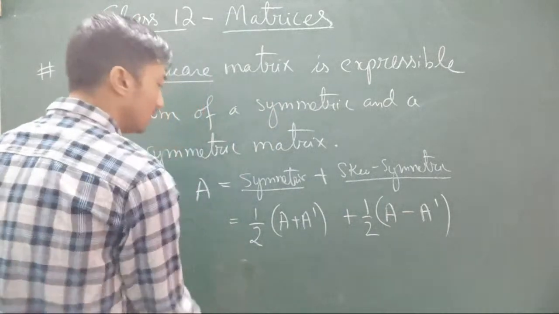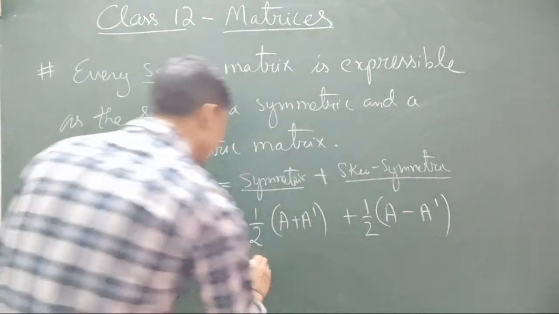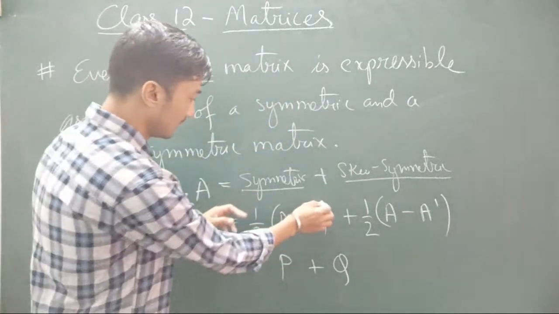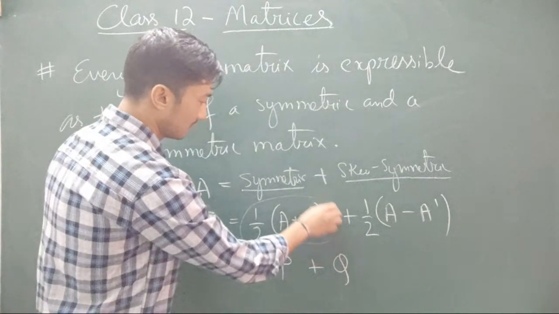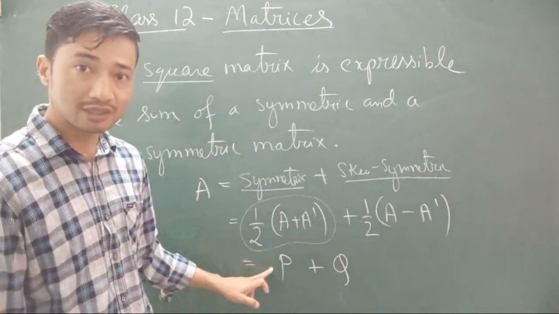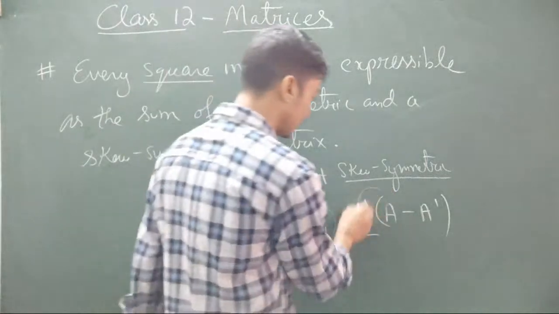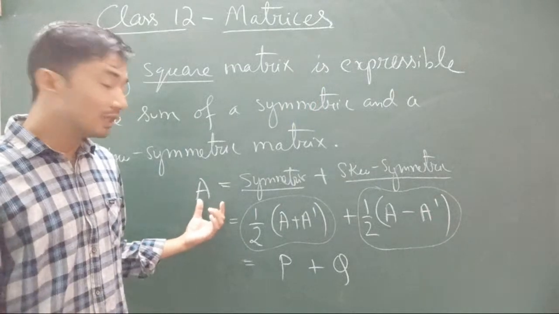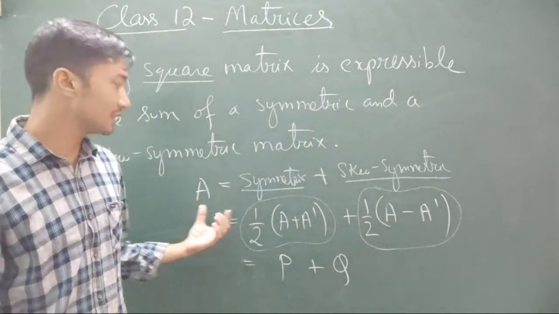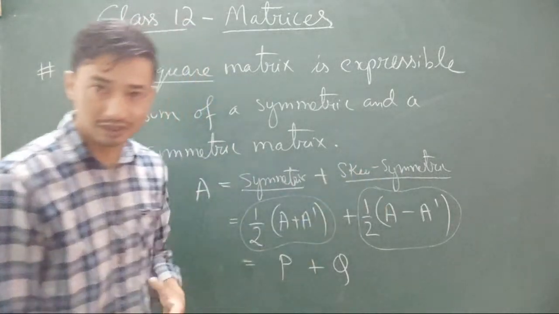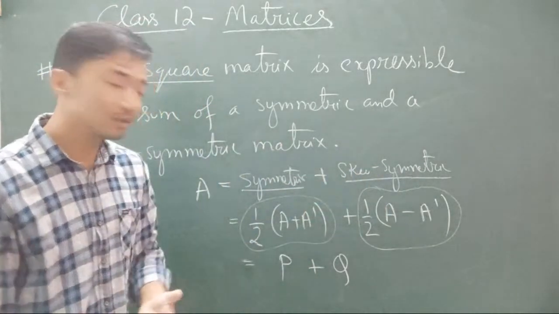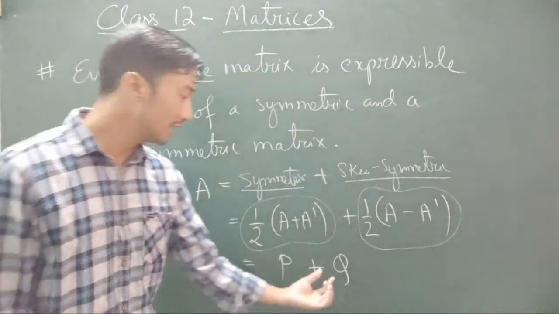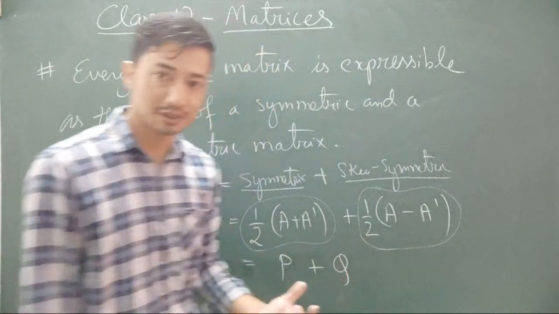So this is how a matrix can be expressed, generally written as P plus Q, where P represents the symmetric matrix and Q represents the skew-symmetric matrix. That means a square matrix A can be expressed as a sum of a symmetric and a skew-symmetric matrix. Mathematically, A can be written as P plus Q, where P is half of A plus A transpose, and Q equals half of A minus A transpose.